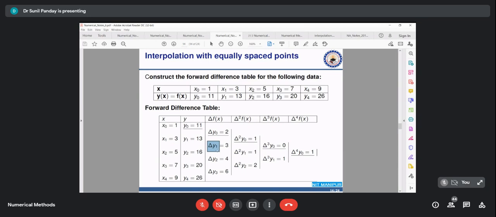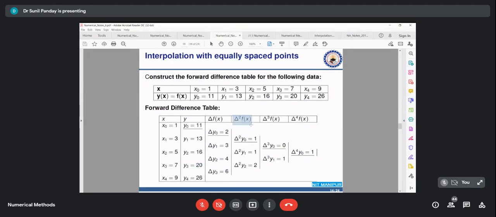It is y2 minus y1, because the definition is delta of y_i is equal to y_(i+1) minus y_i, that is y2 minus y1. So this is y2 and this is y1, you will easily get 3. Then the first forward difference of y2 is y3 minus y2, which gives 4, and then delta of y3 is equal to y4 minus y3, you will get 6.